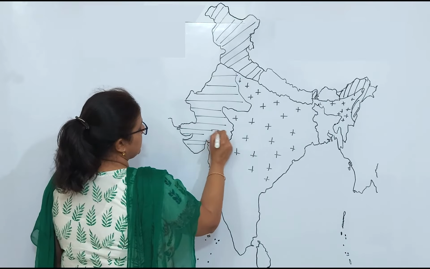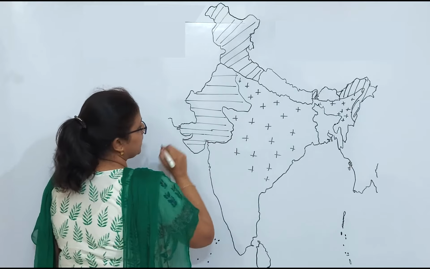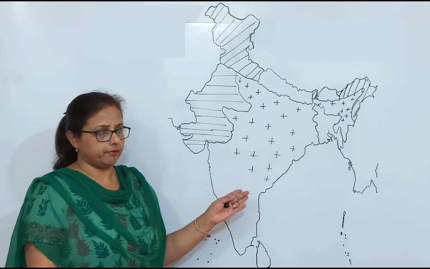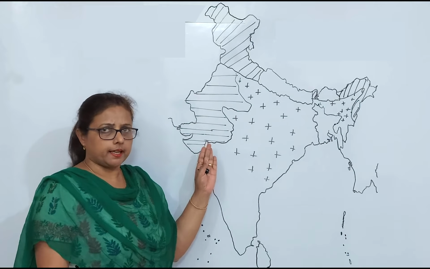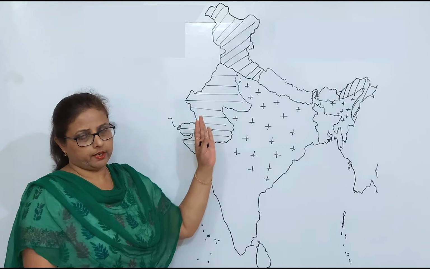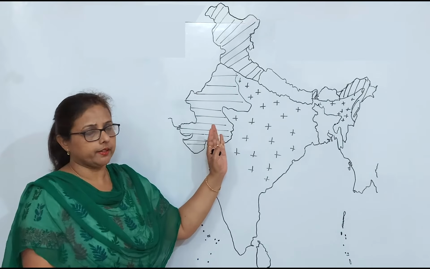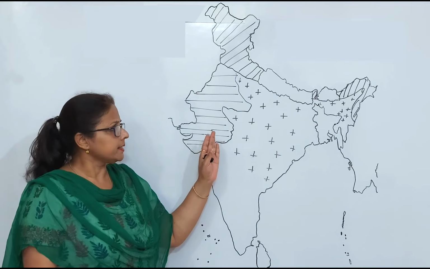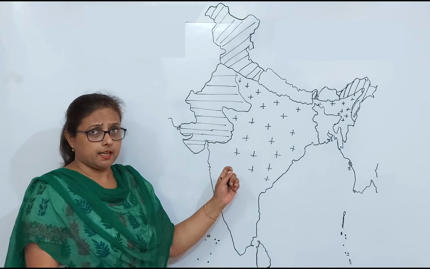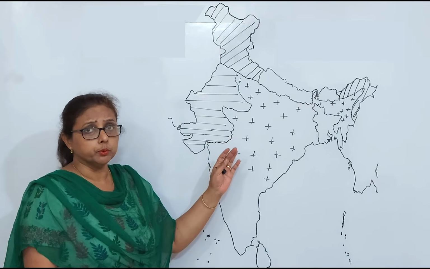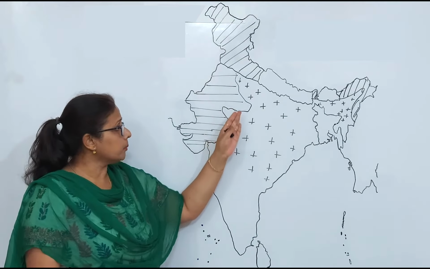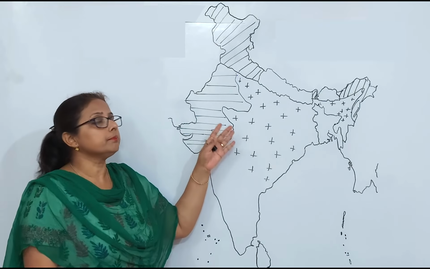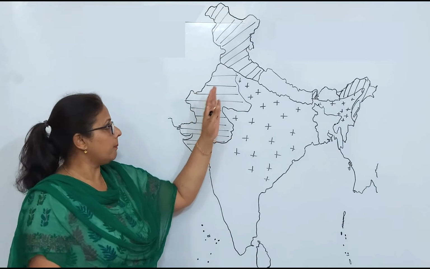These areas have a thorny or thorn type of vegetation where they get scanty rainfall. Areas are arid, semi-arid, so the vegetation is also very sparse, and a few trees like acacia and babool are most commonly found in these arid regions, along with some bushes and shrubs which grow abundantly.